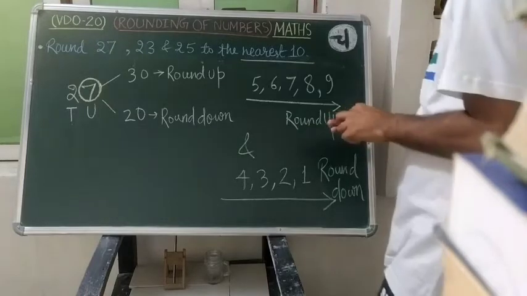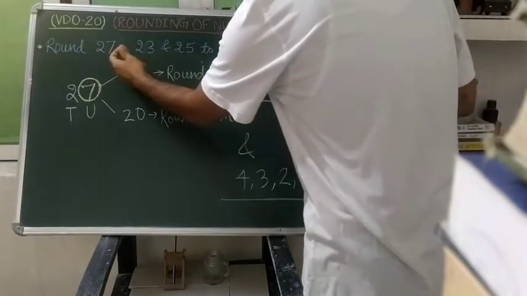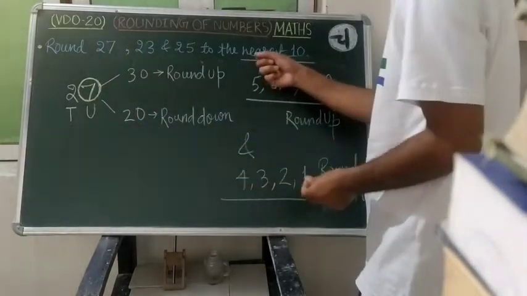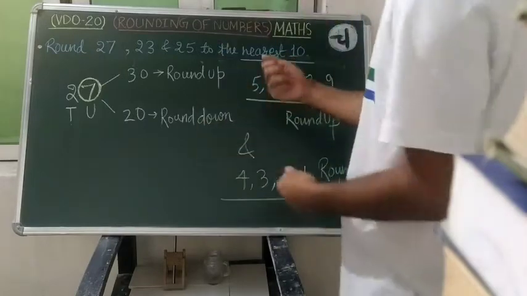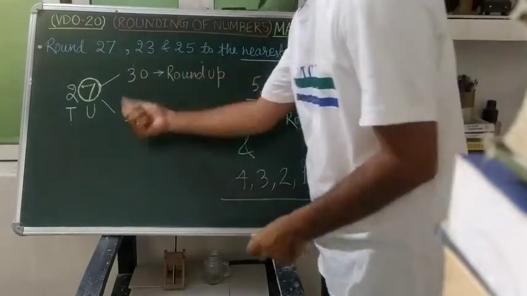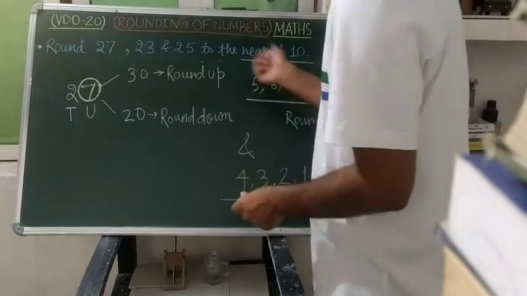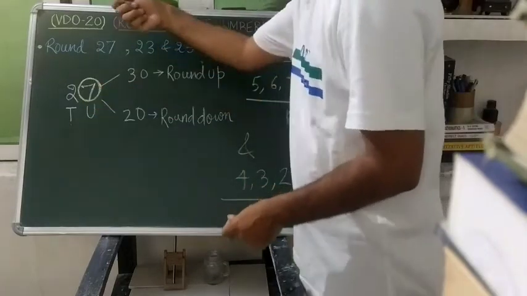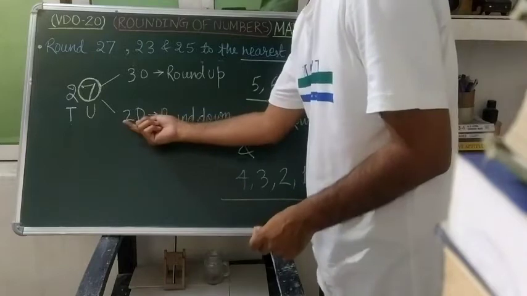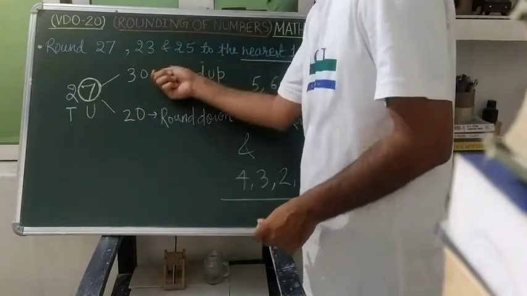So you are looking at the number 27 and we want to round it to the nearest 10. We write the multiples of 10 near 27: down it can be 20, up it can be 30.